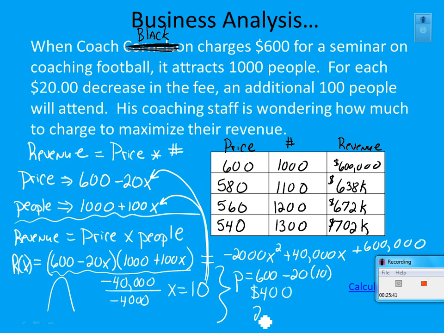The number of people will be 2,000. But the bottom line there is, we had to come up with a revenue equation. So I need to figure out the price I'm going to charge and the number of people that will attend. I've got another one very similar to it coming up. So there's where we're at so far.